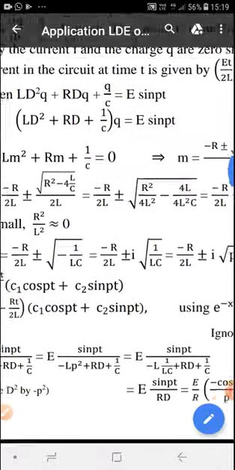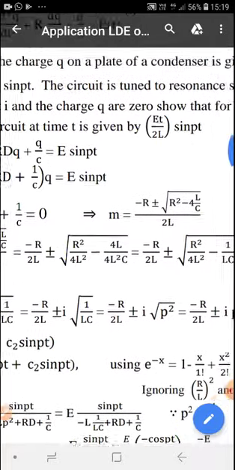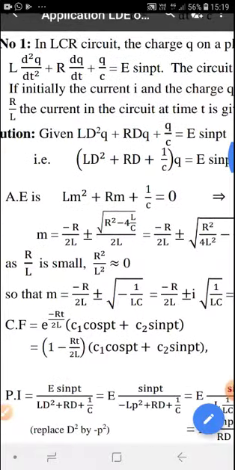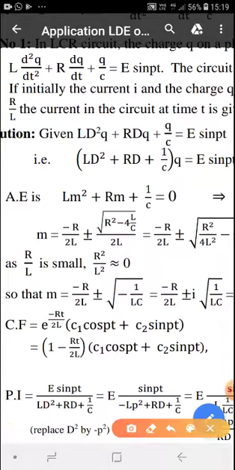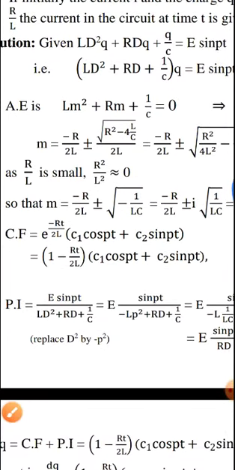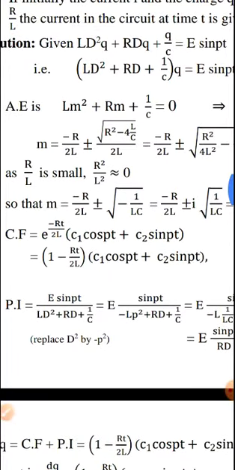So look at that equation which we had in the earlier step. From that you can write the particular integral as equal to E sin pt divided by L D square plus RD plus 1 by C. Now in this you can replace D square by minus p square.